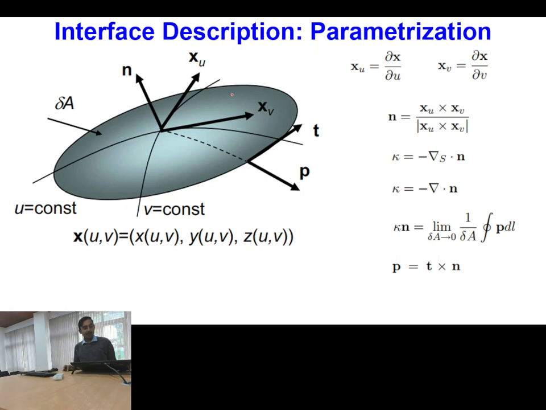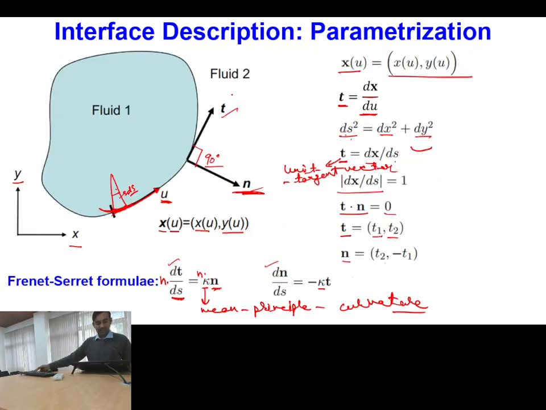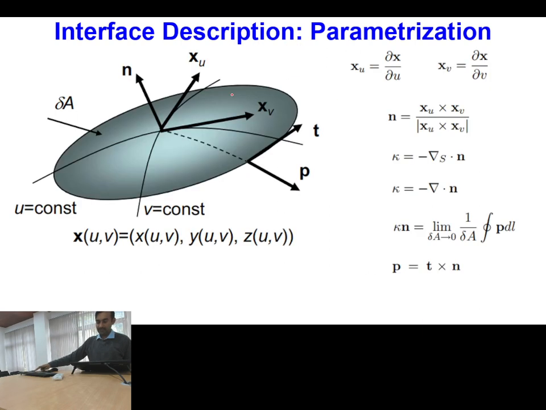Now this is working fine for a two-dimensional space. What will happen for a three-dimensional space? In two dimensions your interface was nothing but a line, but in three dimensions the interface will be a surface.